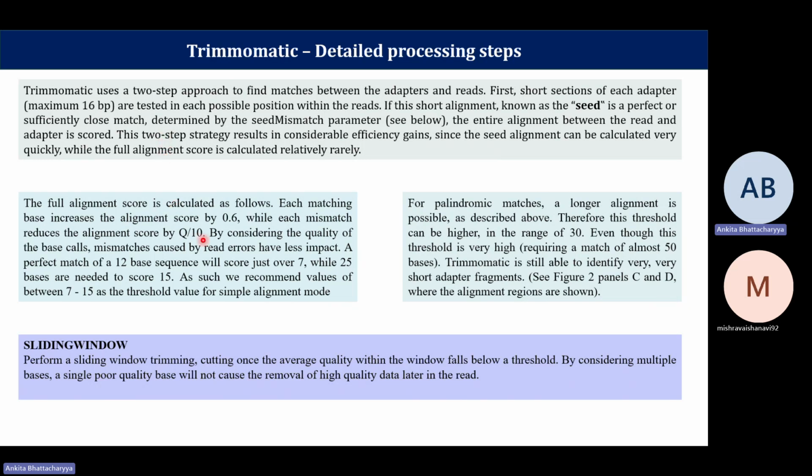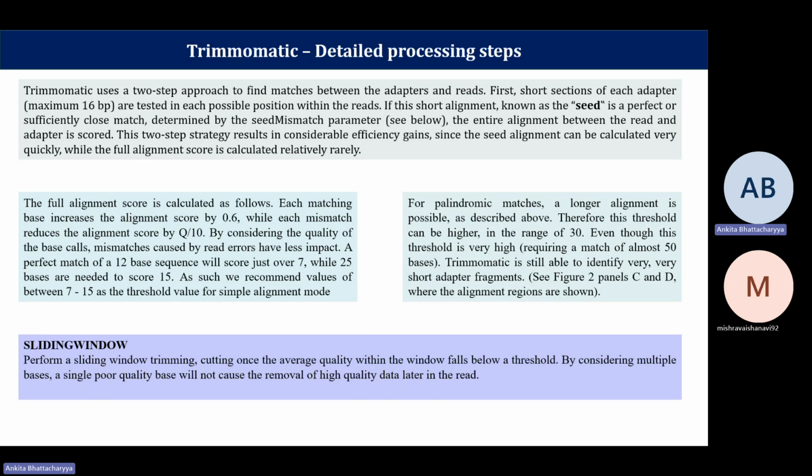The alignment score is calculated such that every time there's a match, there's a 0.6 increase, and every time there's a mismatch, the score decreases by 1/10. So this is how you end up adjusting it. For palindromic matches, longer alignments are possible, and Trimmomatic is sensitive enough to identify even very tiny adapter fragments which might be present.